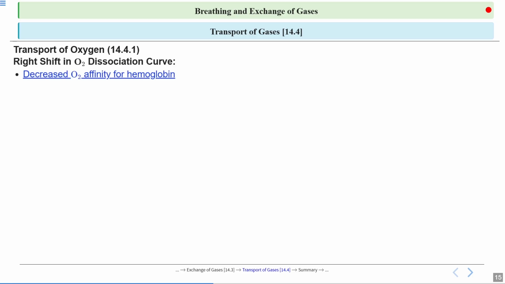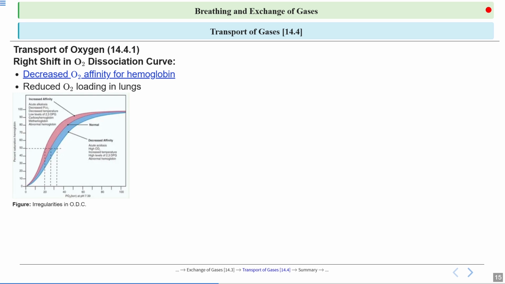Right shift, now we will talk about. Decreased O2 affinity for hemoglobin. Oxygen will not combine with the hemoglobin. Reduced O2 loading in the lungs, right? When you go to a higher altitude, it shifts to the right side.